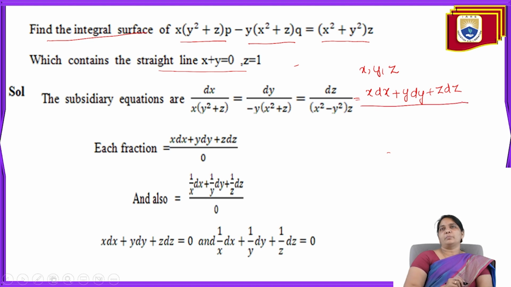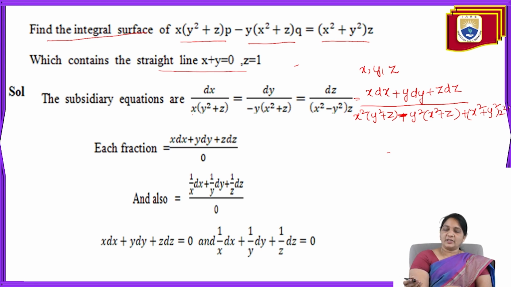Now I am going to multiply the denominator with x. So already x is there, with x I am multiplying. So x square into y square plus z, plus already minus is there, so minus y square into x square plus z, plus x square plus y square into z square.